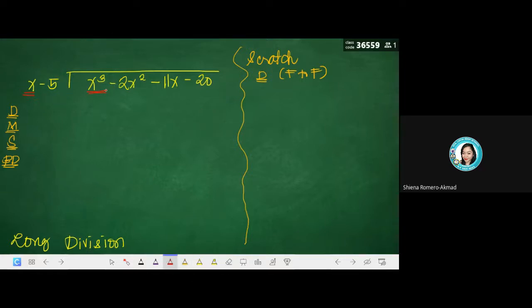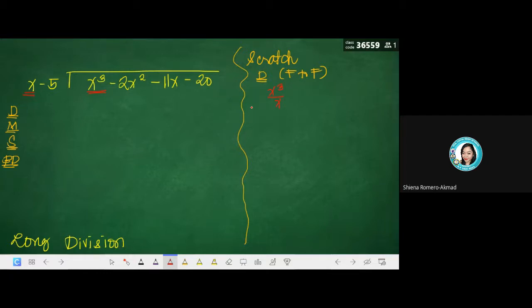So, ano yung gagawin natin? First to first. Ibig sabihin, first term ng dividend divided by the first term of the divisor. Okay? So, we have x cubed divided by x. So, technique lang dito is when you are dividing variables, magbabawas ka lang sa exponent.